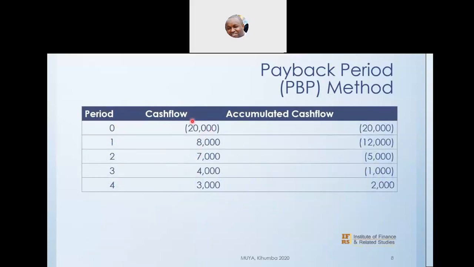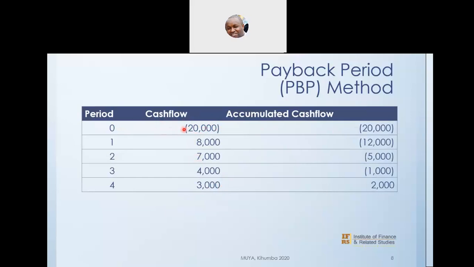I've got a table with 3 columns. The first one is on the periods, then you have cash flows, and then you have accumulated cash flow. Accumulated cash flow is simply to add. Now, in period 0, our initial investment is 20,000, and that's what I've got there. Then in period 1, 2, 3, and 4, as it had been mentioned, and thereafter we add.